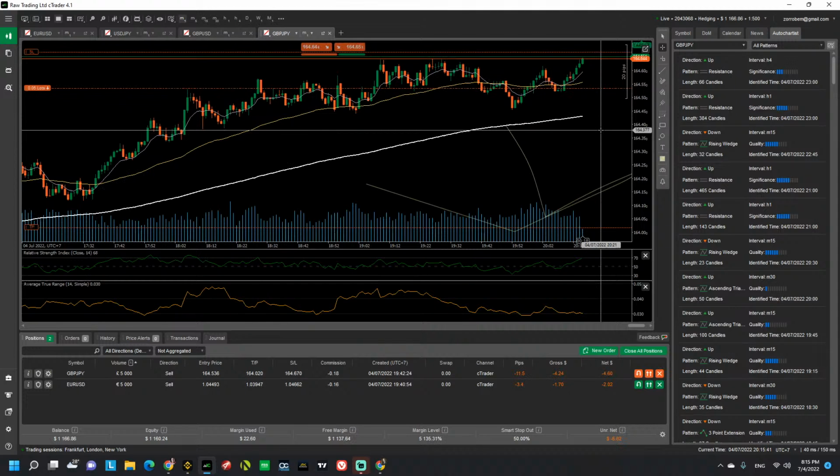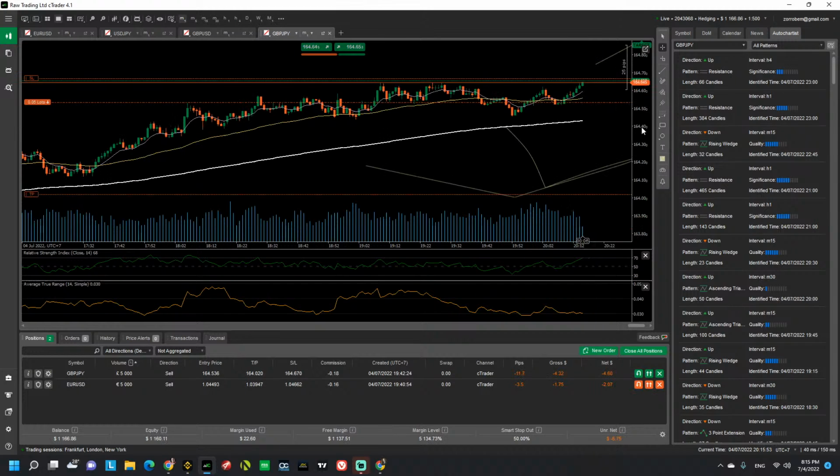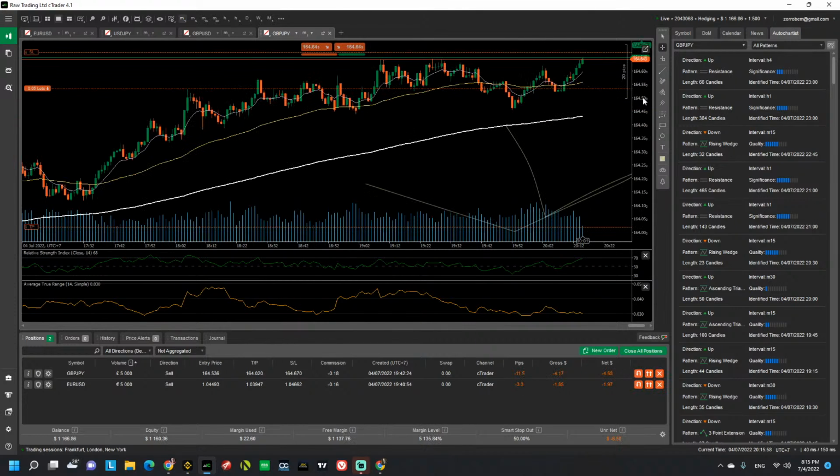I think it's going to hit stop loss. I'm not moving my stop loss up because I don't want to take a big loss. So I will keep my loss small.